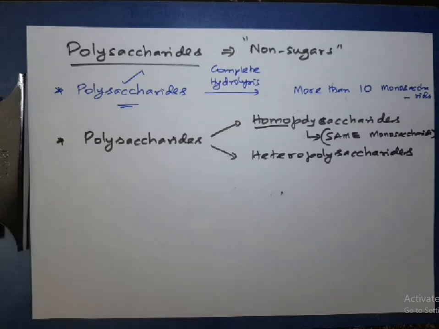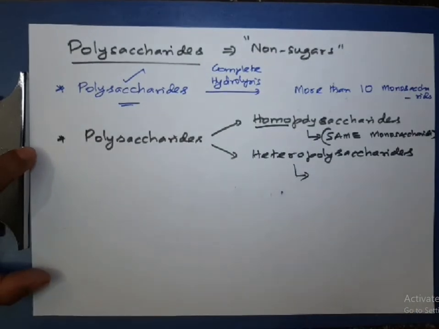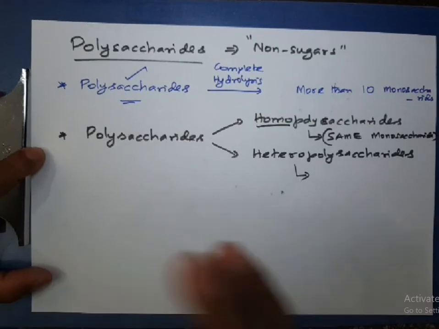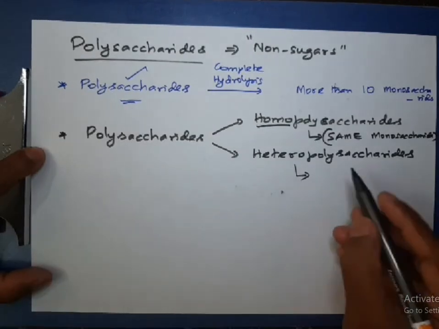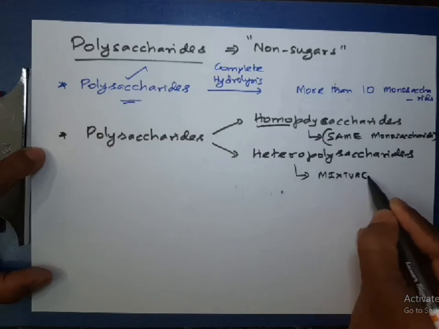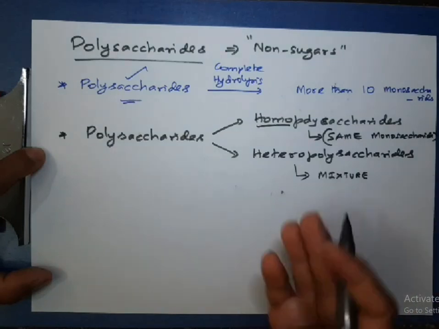Then heteropolysaccharides. What are heteropolysaccharides? They consist of different monosaccharide units, a mixture of monosaccharides: glucose, galactose, arabinose.